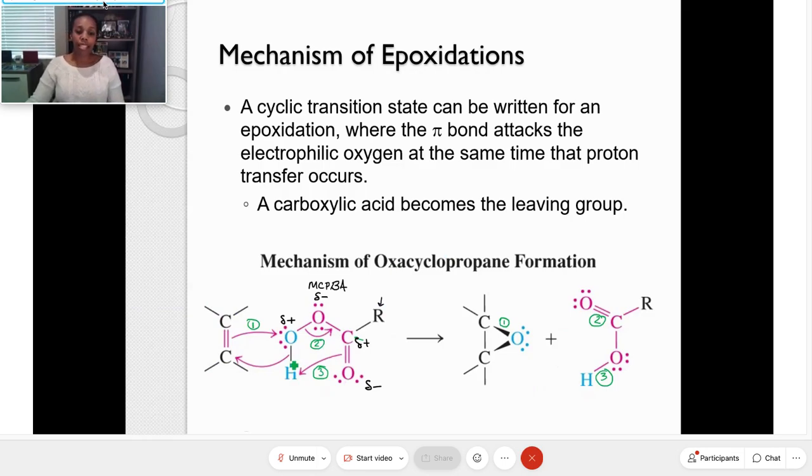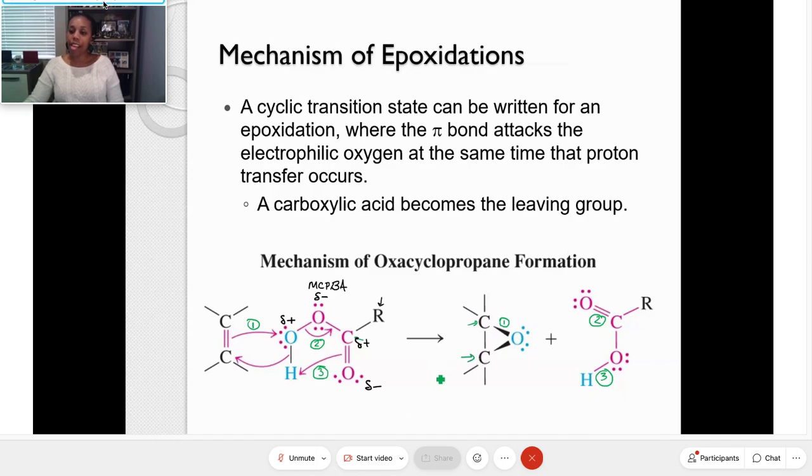So now something has to happen to the electrons in this oxygen-hydrogen bond. We have an oxygen-hydrogen bond, the original electrophilic oxygen, and the hydrogen that it was bonded to. If we're taking that proton, something has to happen to those electrons. And also, remember, with the arrows that we've shown, all we've made is this carbon-oxygen bond here, where now one of the carbons, this one here, would have a positive charge.